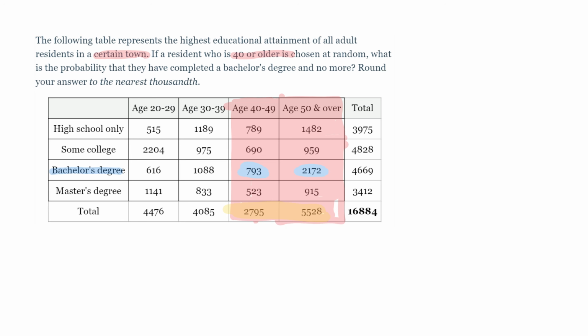So that would be 227.95 plus 55.28 for a total of 8,323. So that is our total number of outcomes right there. That's our denominator. So now we need our numerator, which is the sum of the two groups of bachelor's degrees.